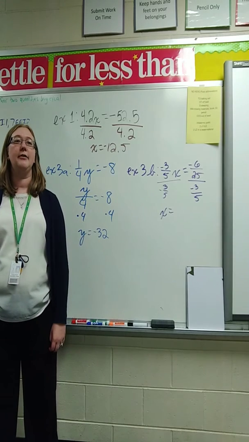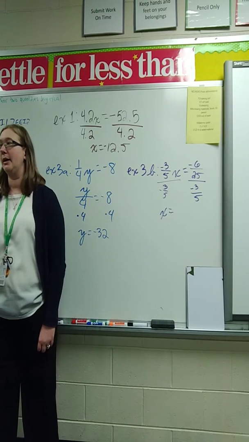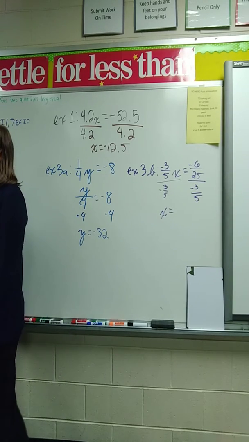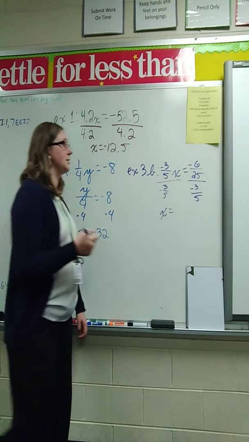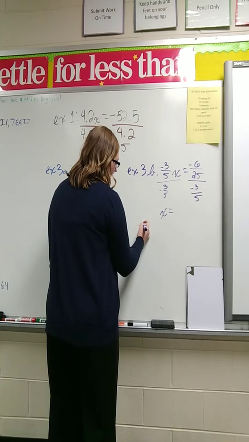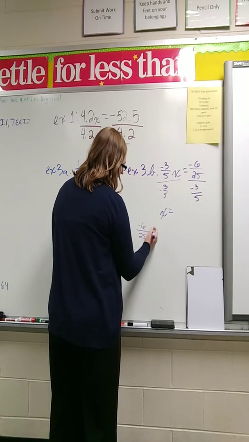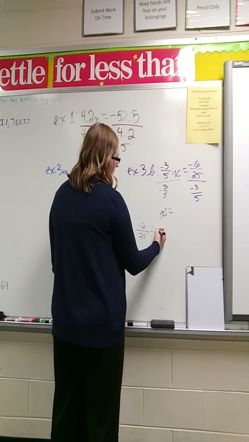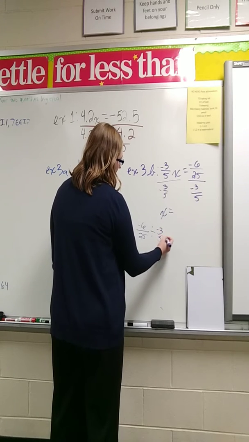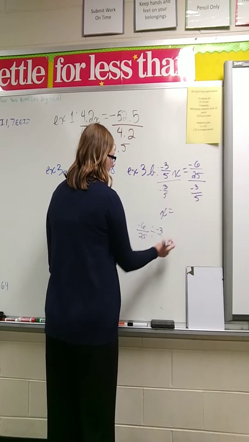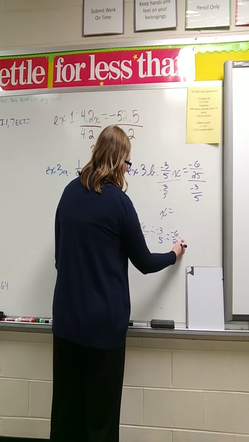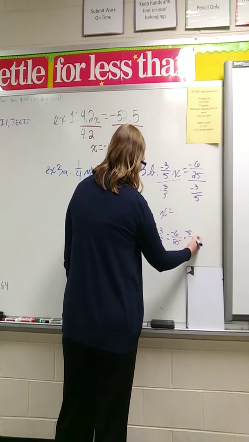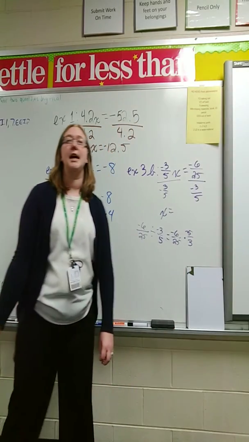We are lucky enough to have calculators that have fraction buttons. I'm going to do it longhand because calculators will not always have fraction buttons. Negative 6 over 25 divided by negative 3/5 is equal to negative 6 over 25 times negative 5/3, because we have to KCF.